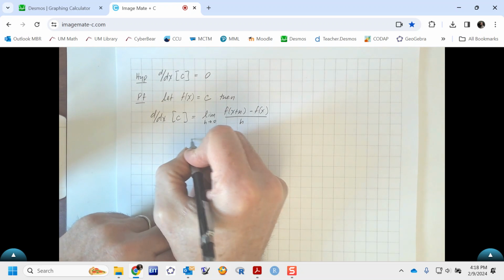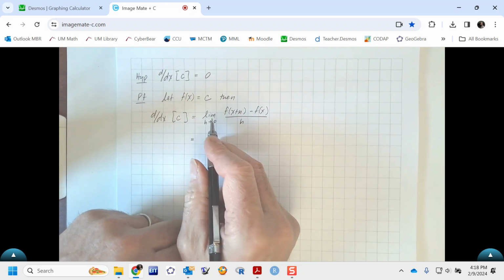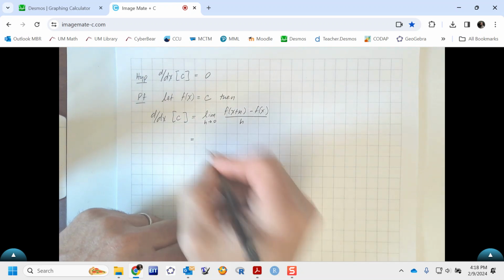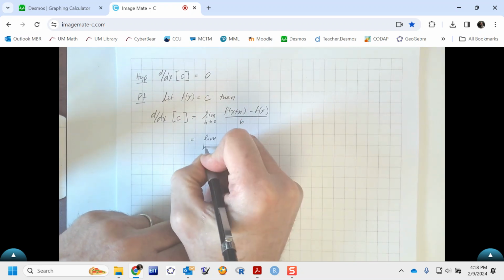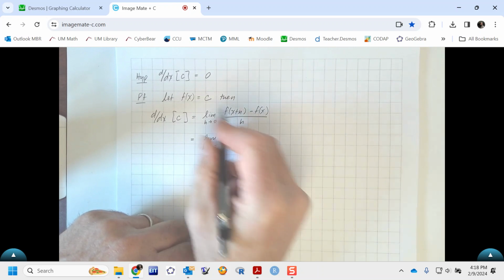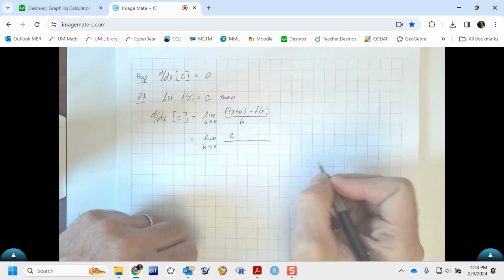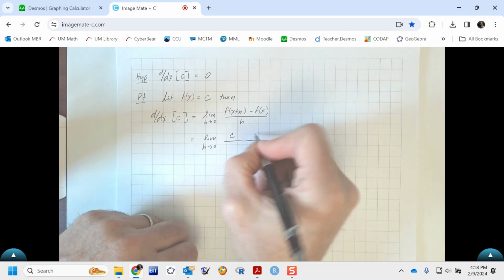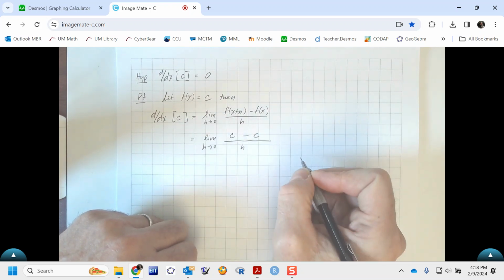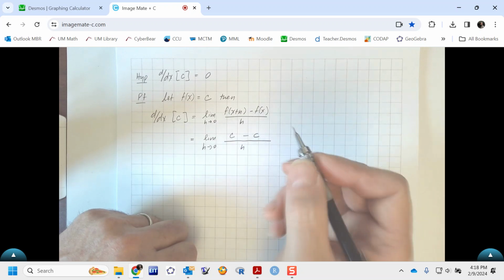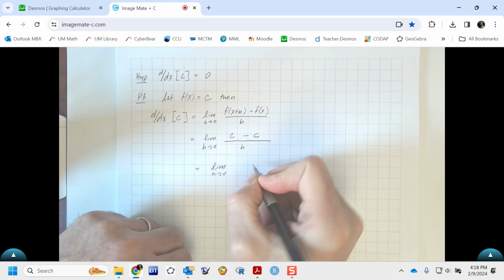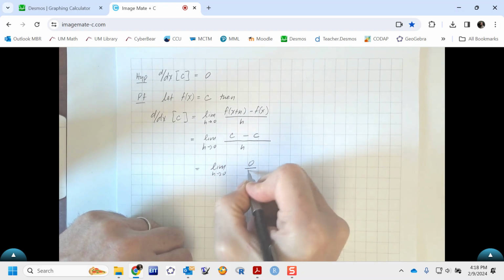So let's plug into our constant function. If I put x plus h into this constant function, what do I get? X plus h plugged into a constant function is just a constant, right? And f of x itself is just a constant, so we get c minus c all over h. Well, c minus c is just 0, so we get the limit as h goes to 0 of 0 over h.